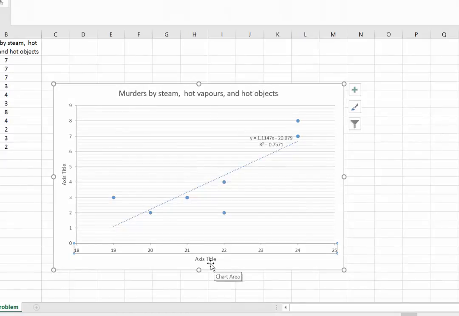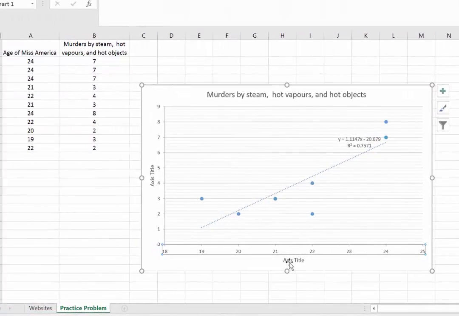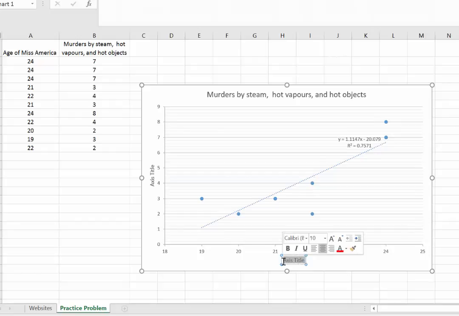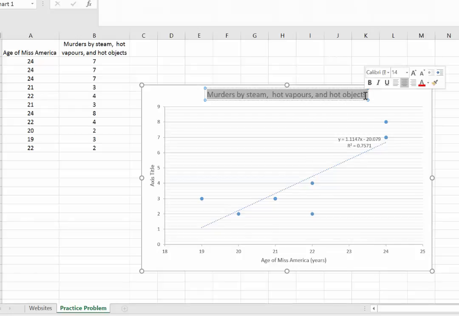Okay, so the axis title. My X values are Age of Miss America. I need to type that in here. And then the units are years. And then for the vertical, you know what? I'm going to see if I can just highlight all of this so I don't have to type it all myself.